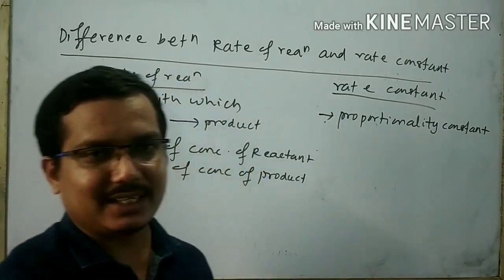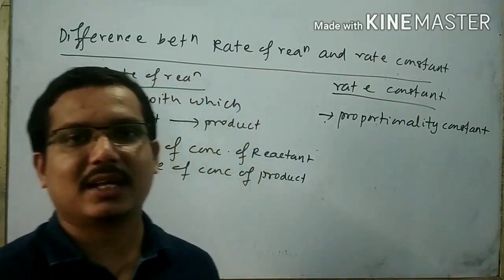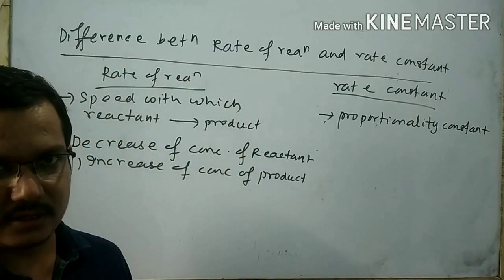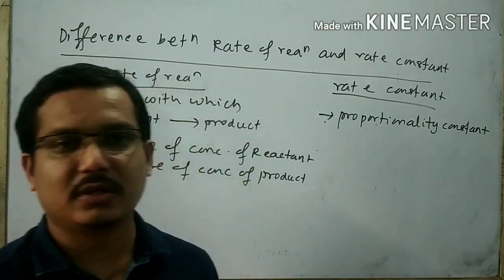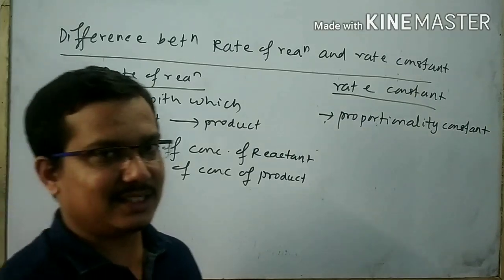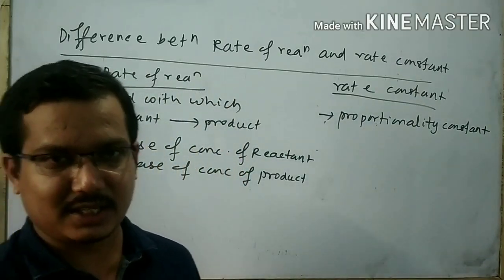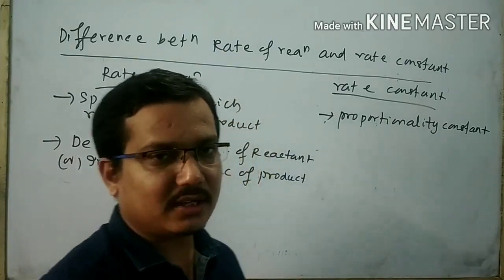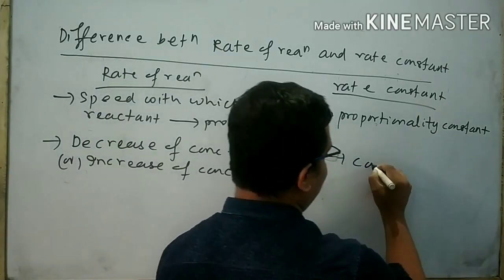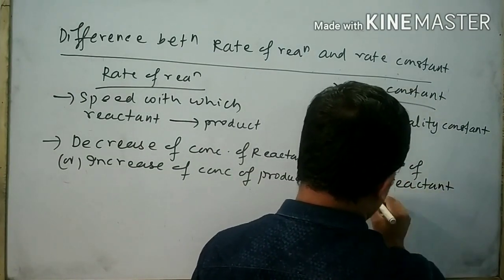That means there is a decrease in the concentration of the reactant and an increase in the concentration of the product. By the help of rate of reaction, we can know how much the concentration of the reactant is decreased and how much the concentration of the product is increased. But the rate constant is equal to the rate of reaction when the concentration of reactants is unity.